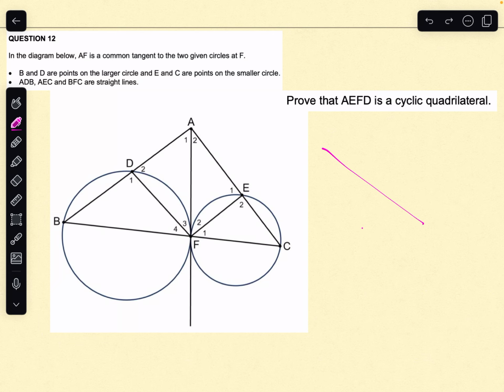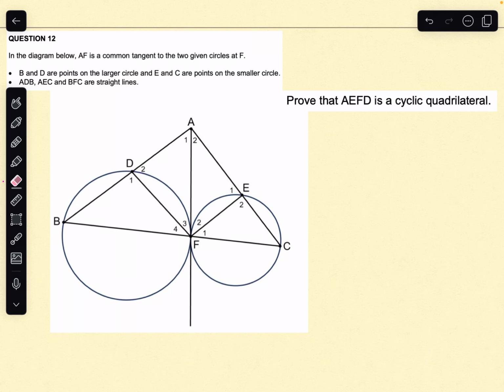Anyway, so if I drew in this diagonal, if I showed that this is equal to this, then that would prove it's a cyclic quad. Or if I showed that this is equal to this, then it would show that it's a cyclic quad, and so on. So essentially you would be proving the converse of angles in the same segment.